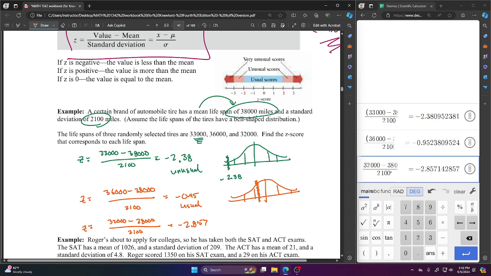Usual or unusual? Unusual. Again, if you look at the bell curve, it's the 2s or more. So in this case, it's way over here again. Unusual. So on the side, I'm going to write a little rule here: if z is less than negative 2, or if z is greater than positive 2, then it's unusual.